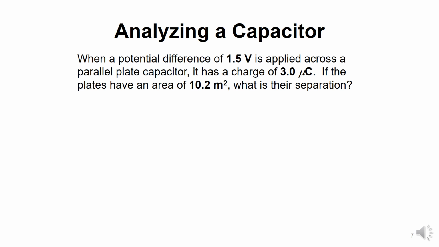All right, so what do we know so far? We know the battery voltage, V, or in this case, the same as the capacitor voltage. And we know the charge stored in the capacitor, that's the 3 microcoulomb. Here, let's circle this.